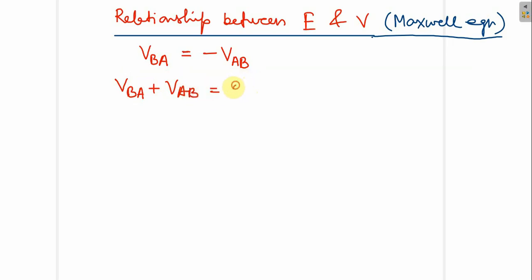It is 0. If we recall the formula, this potential can also be written as the line integral of electric field intensity, that is E dot dl.